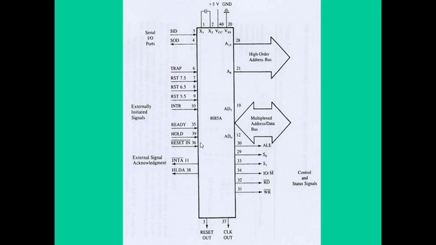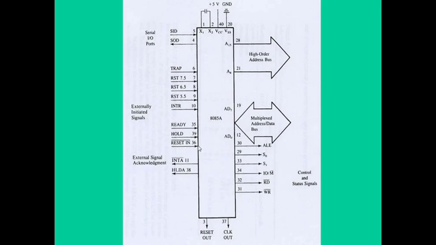In addition to interrupts, 3 pins, that is reset, HOLD and ready, accept externally initiated signals as input. To respond to HOLD request, the 8085 has one signal called HLDA, that is hold acknowledge. Then pin number 36, that is reset in complement.